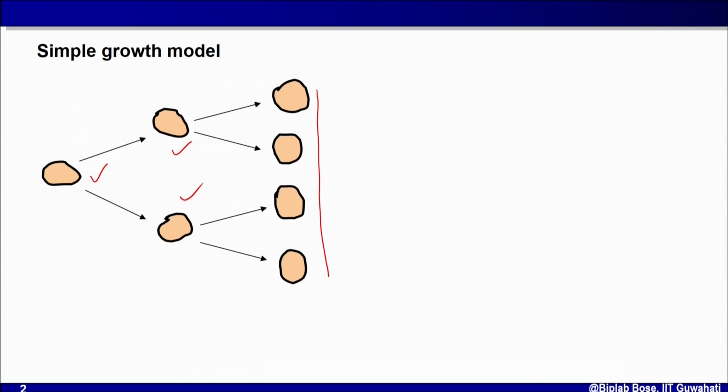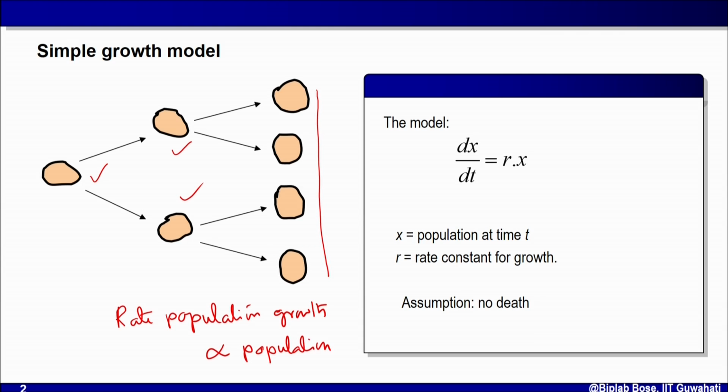So I want to measure the rate of population growth, and obviously this will be proportional to the current population. If you have more bacteria, the effective rate of growth of the bacteria will be higher. If we represent this proportionality as an ordinary differential equation, I get this equation.